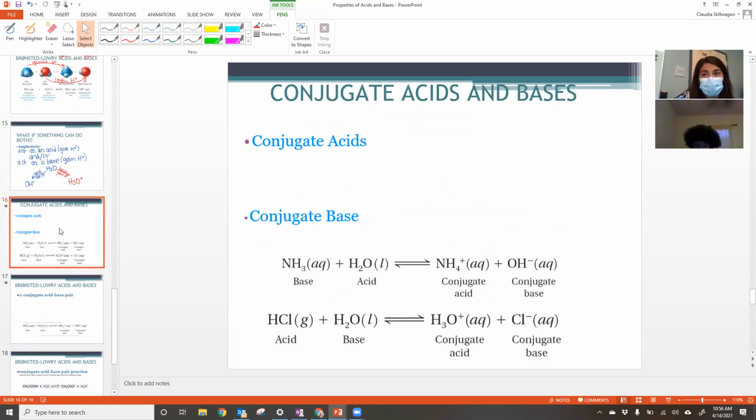So we have some terminology for these things it's creating, this OH versus H3O. Conjugate acids and conjugate bases. I'm going to give you the definitions. They're going to seem like the opposite of what they should be. And then I will explain why.